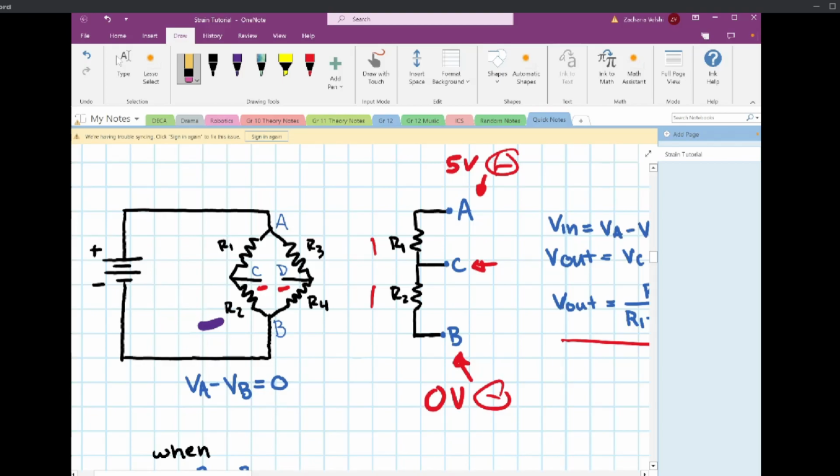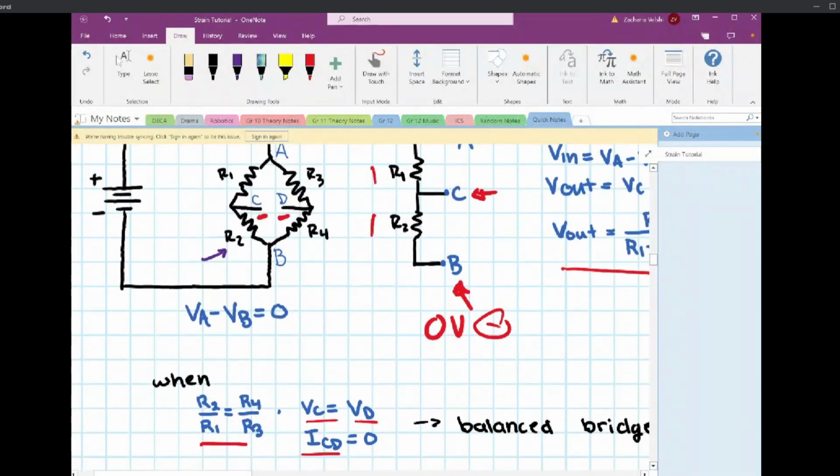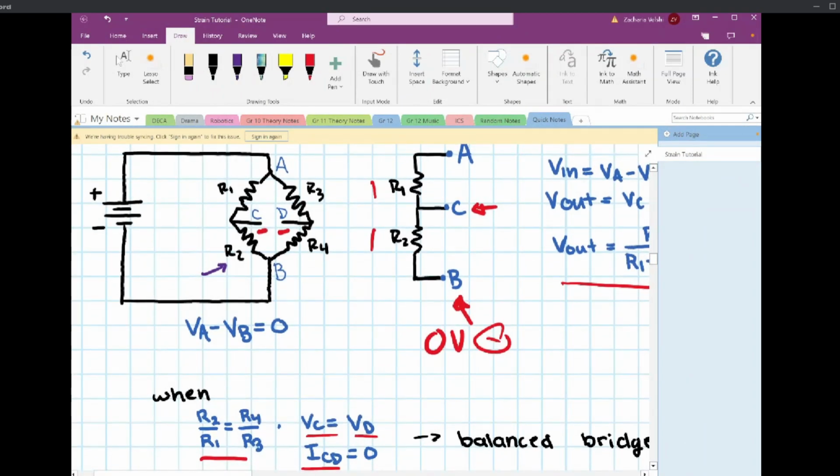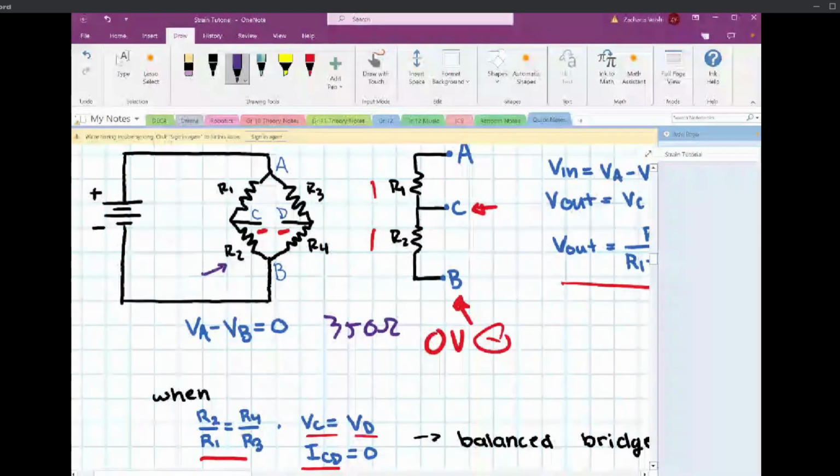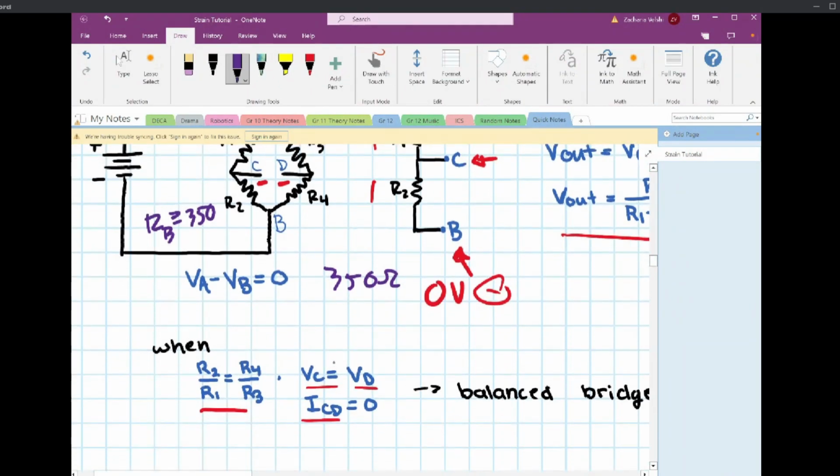You replace R2 with a strain gauge, and that becomes your variable resistor. As an example, if you set R1, R3, and R4 all to equal 350 ohm, your R2 strain gauge has a base value of 350 ohm. Any time that R2 is more than 350 ohm or less than 350 ohm, your bridge is going to be unbalanced. And that imbalance is going to come through in your VC minus VD not being the same. This will not be true.